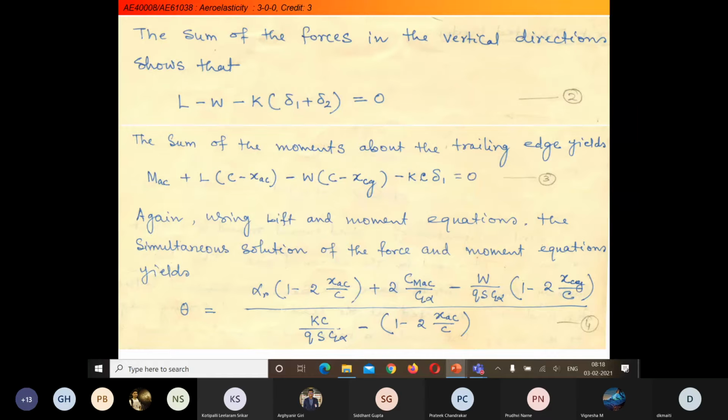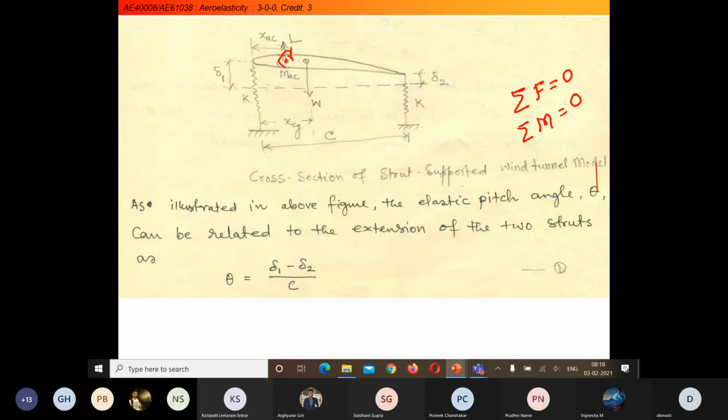So for the sum of the forces in this case, lift force acts upward, weight acts downward, and due to deflection of the aerofoil, the springs will have resistance forces. These will be K delta 1 and K delta 2.